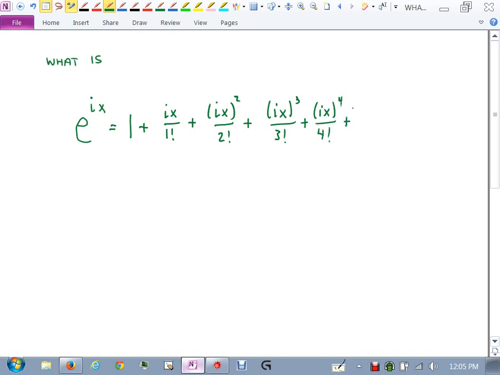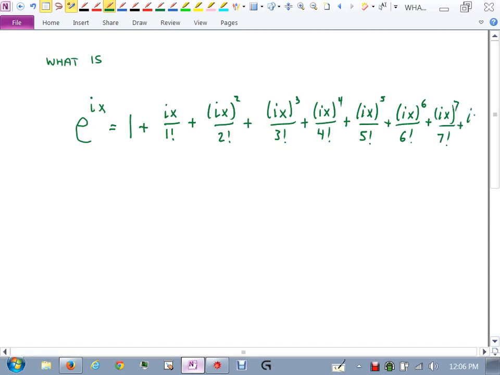I'm going to go out a couple more. ix to the 5th over 5 factorial plus ix to the 6th over 6 factorial plus ix to the 7th over 7 factorial, and ix to the 8th over 8 factorial. You get the idea though, right?